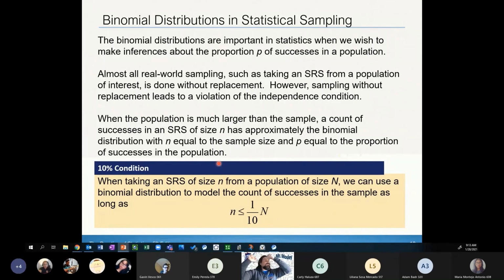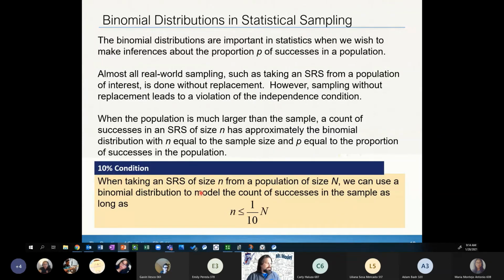So if we're checking binomial conditions, and we're dealing with something that we know is a simple random sample of a certain population, and using a binomial distribution is easier than not using it, we can check the 10% condition to satisfy the need for independence.